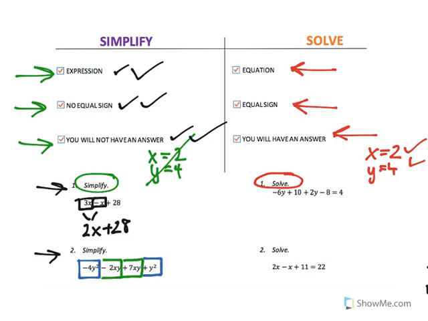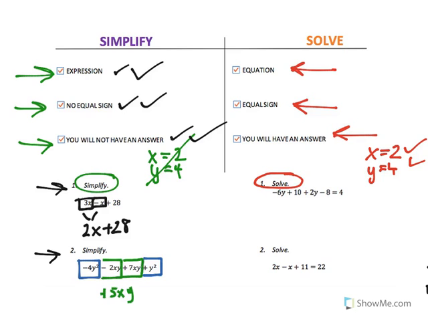So now I combine my like terms. I have an xy here and an xy here. I combine them. Negative 2 plus 7 gives me 5xy. That's a positive xy, so I put the plus sign in front.